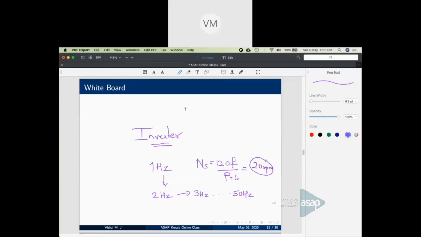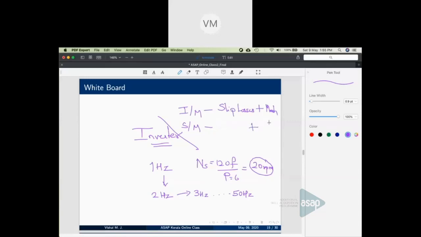See, comparing an induction machine and a synchronous machine, the stator is the same for both of them. The only difference comes in the rotor circuit. So, what are the losses in the rotor circuit of an induction machine? You have slip losses plus other mechanical losses. How about a synchronous machine?